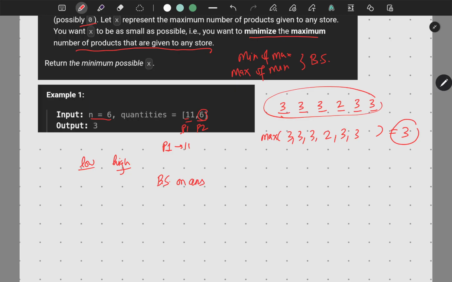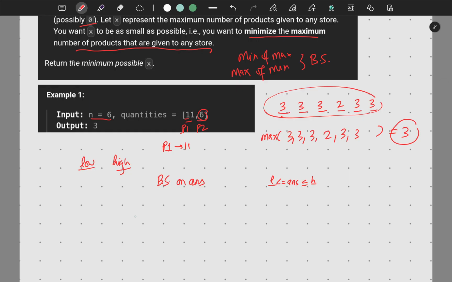Because in the minimum of maximum or maximum of minimum problem, generally our answer is constrained. That is, our answer lies between two quantities. So our answer will lie in some range, and we need to find this range, the low or high.